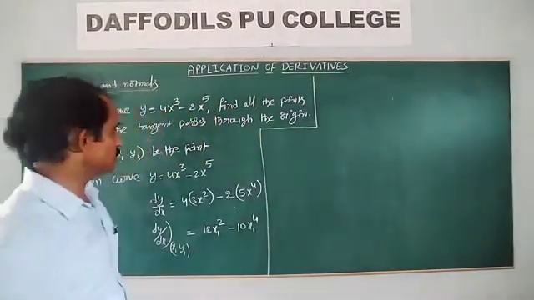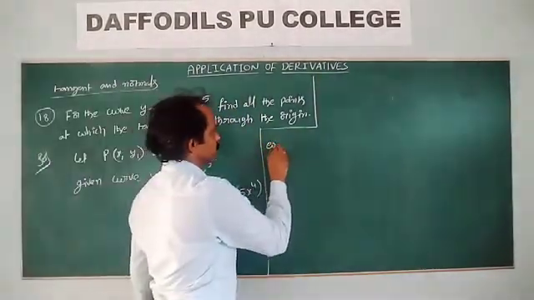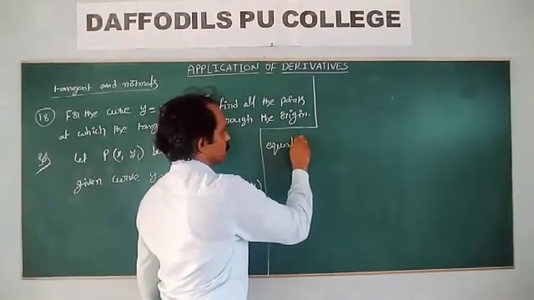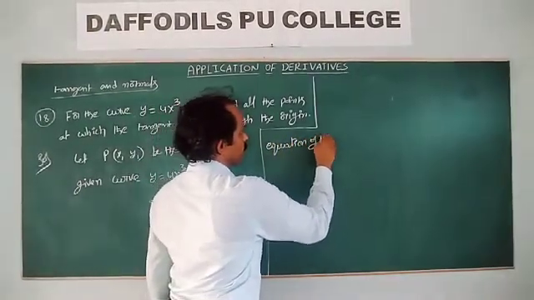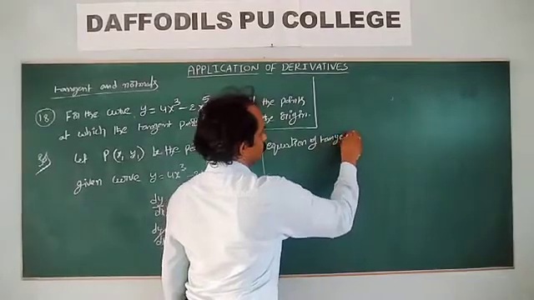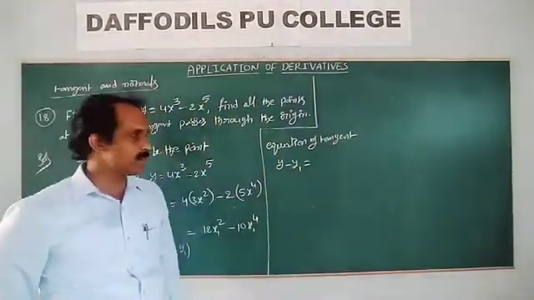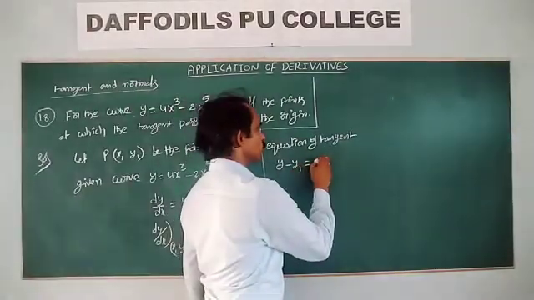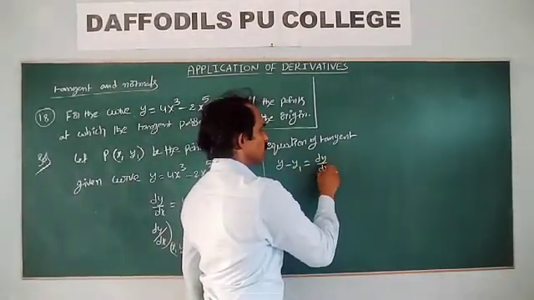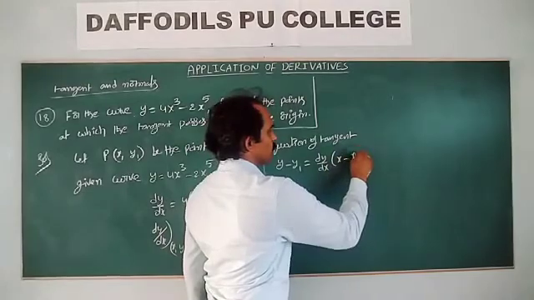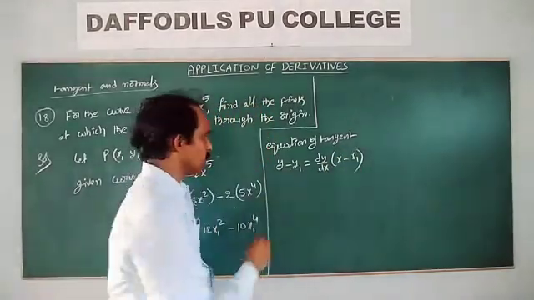Equation of tangent: y minus y1 is equal to slope times x minus x1.